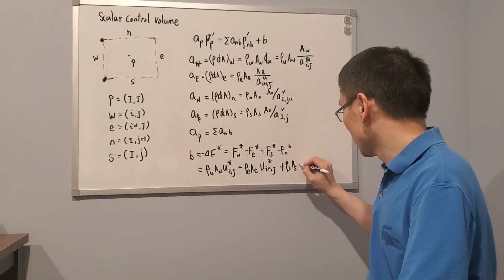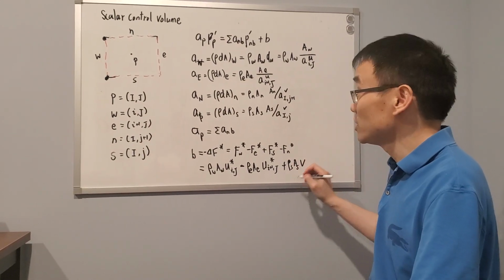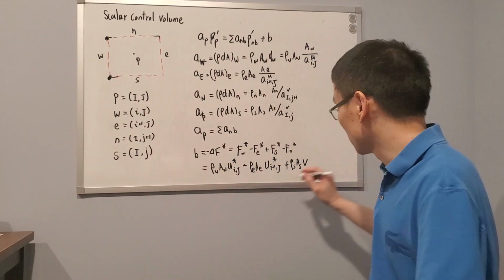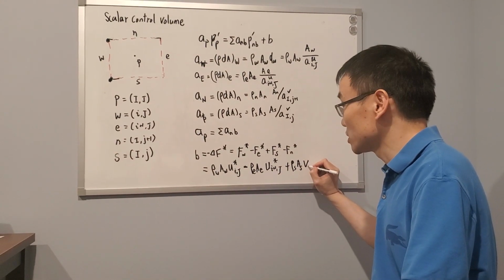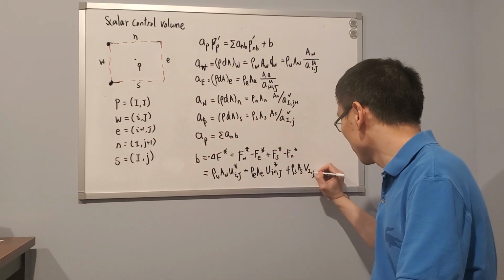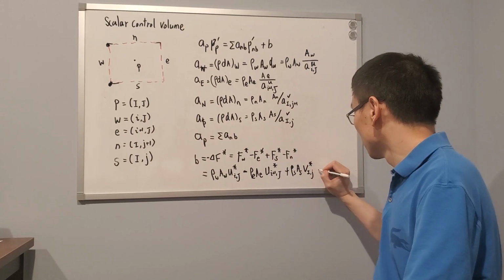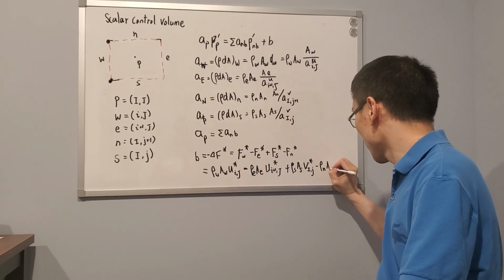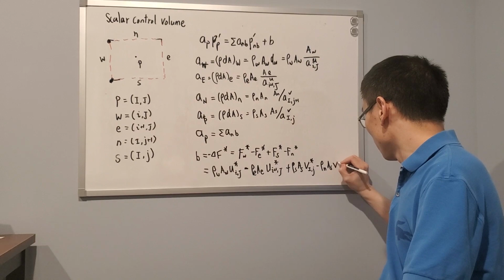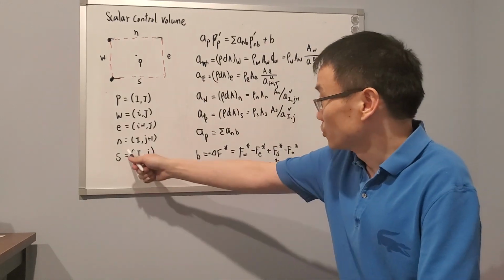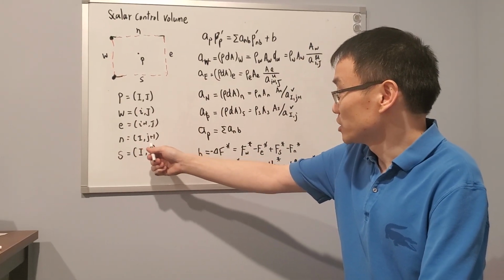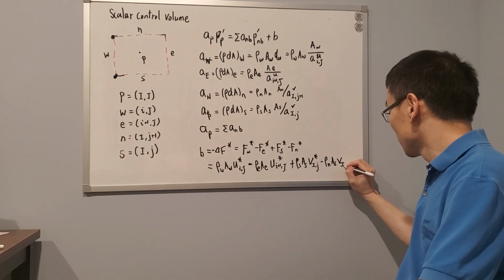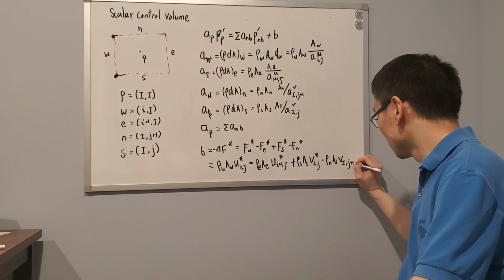Okay, now plus Fs will be rho S AS and then VS, if we use the two indices over there, I and J, minus rho N AN V. So use the two dimensional indices over there, I and J plus 1.